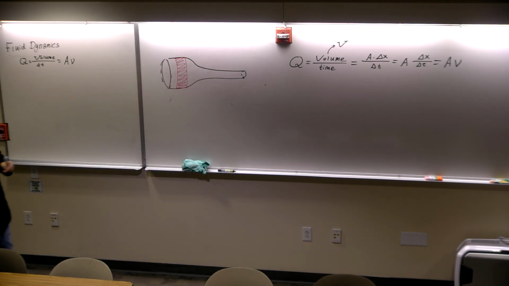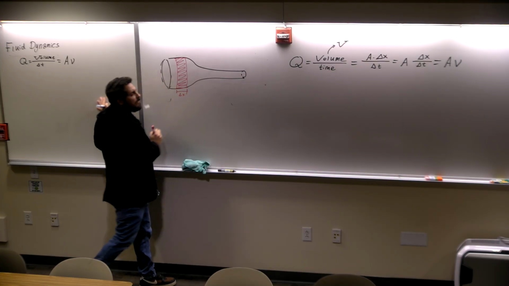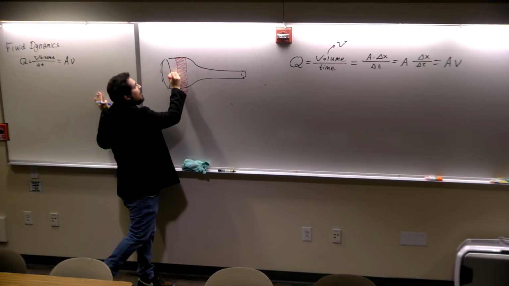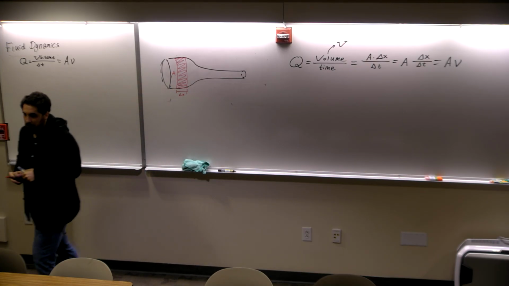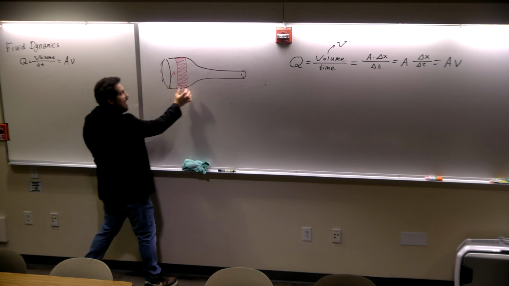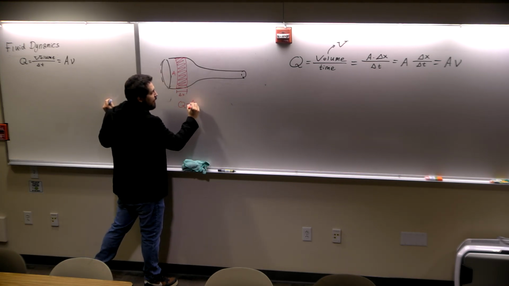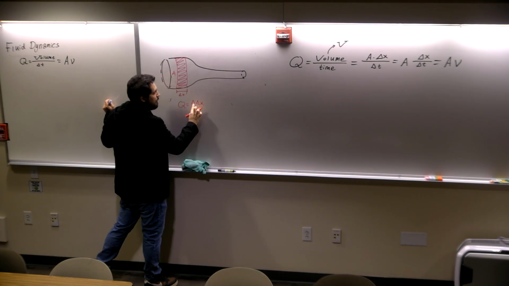This volume has some distance delta x and some area A for our cross-sectional area. It will cover some distance in some time, delta t, and we can define Q as being area times delta x divided by delta t.